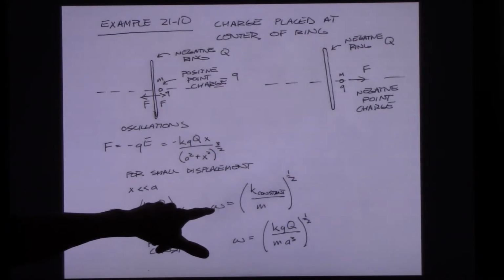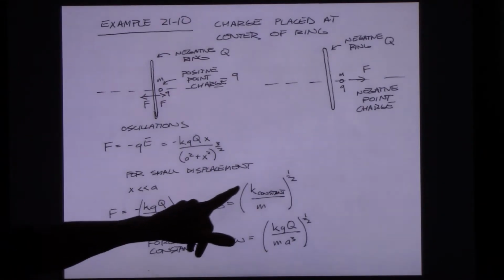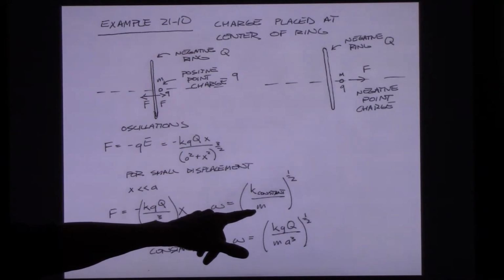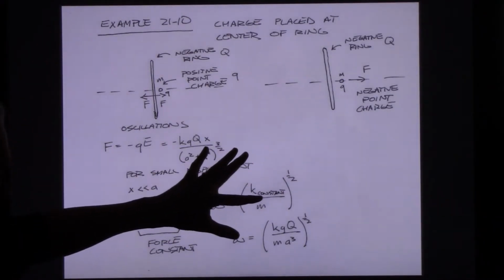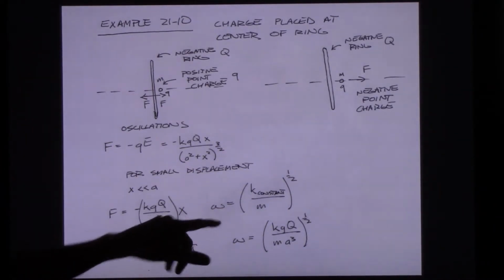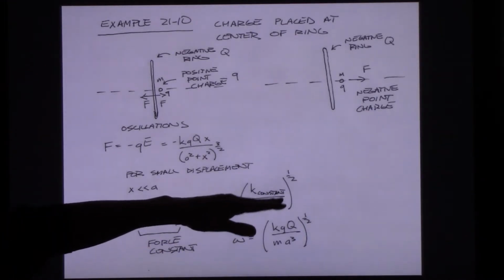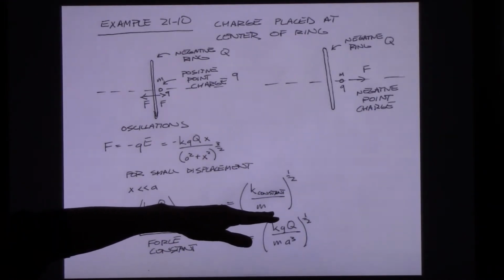The frequency in radians per second depended on a force constant and the mass of the object, and we could take that ratio and square root it, and that would give us the frequency. We had shown that this calculation could be carried out for simple harmonic motion, oscillatory motion that looks like a sine or a cosine.